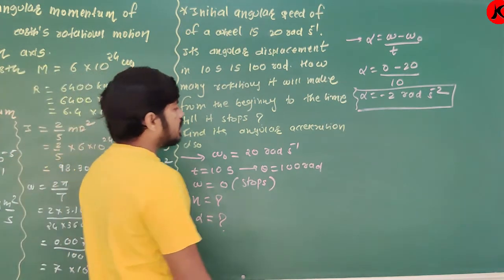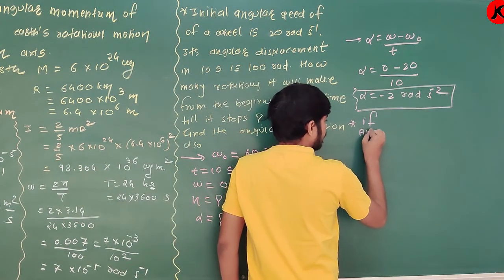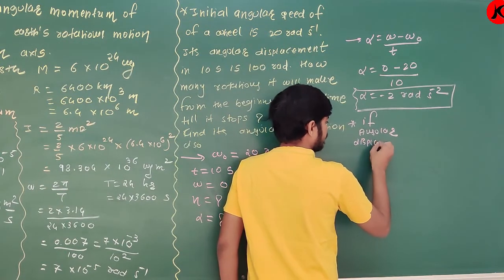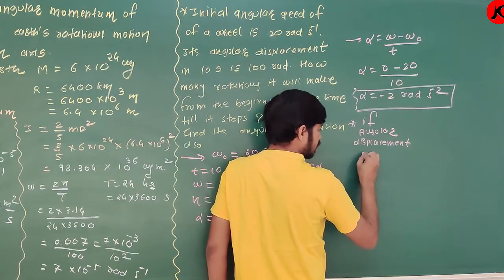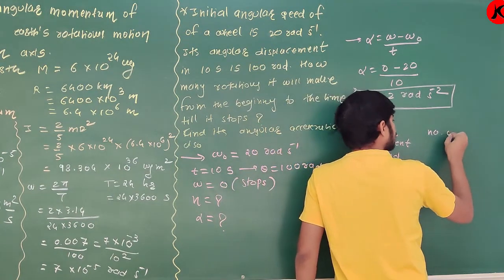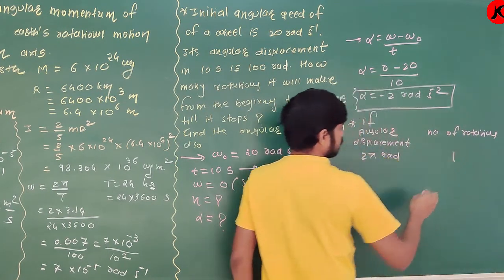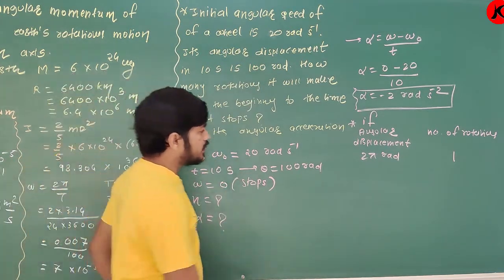Then you have to find the number of rotations. We know one relation: if angular displacement is 2 pi radian, then the number of rotations or revolutions is 1. Here you are given angular displacement 100 radian.